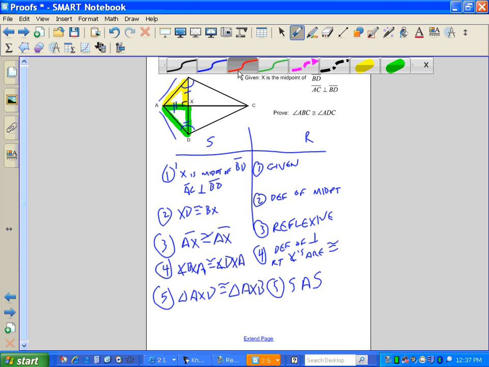I use red so I can mark what we're doing here. Corresponding parts are going to get us this piece right here, and then reflexive is going to get me that. So then I've got a side, an angle, and a side in both triangles. I've got the two big triangles congruent, so that allows me to get these tiny angles in here congruent as well.